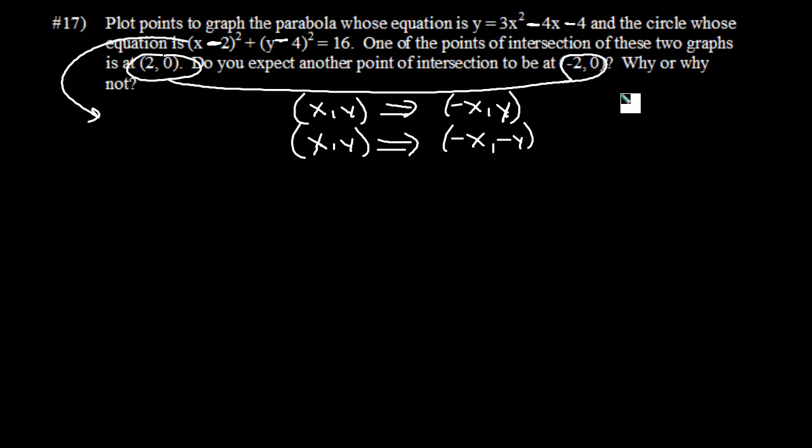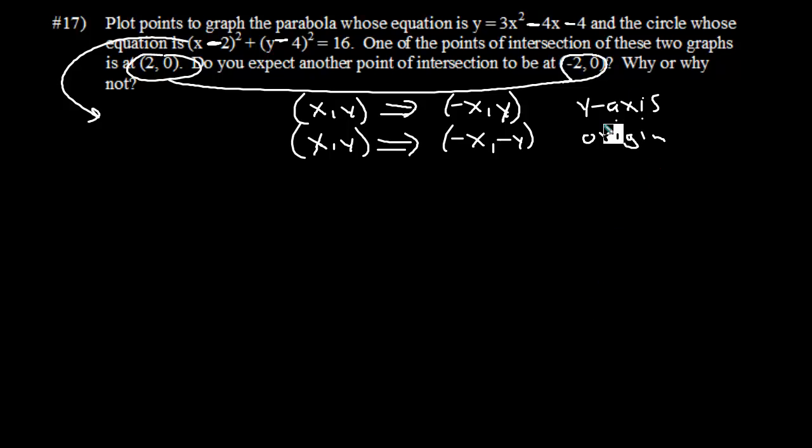This first scenario is symmetric with respect to the y-axis. The second scenario is symmetric with respect to the origin. Therefore, if we look at either of these graphs, the equations I should say, and check to see if they are symmetric with respect to the y-axis and the origin.